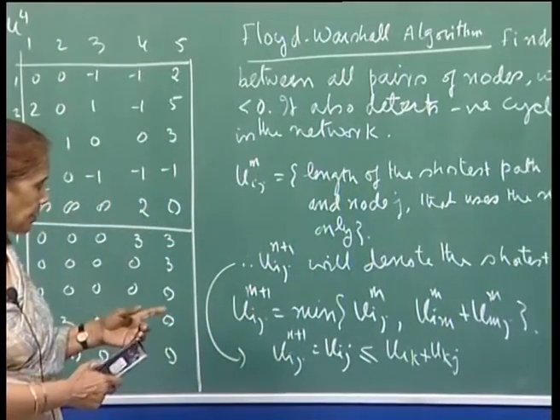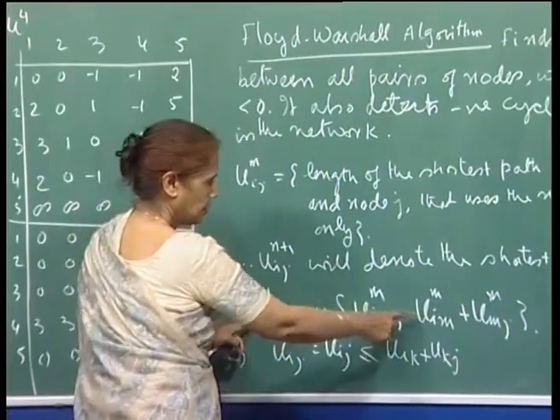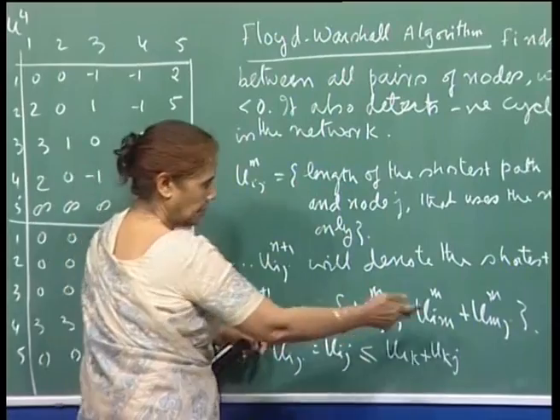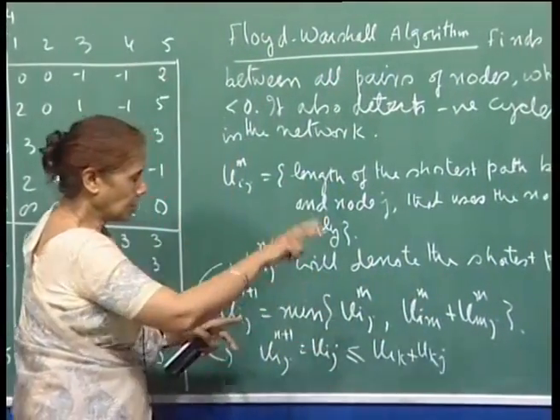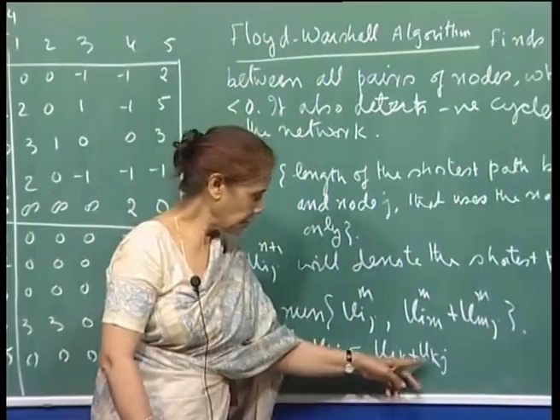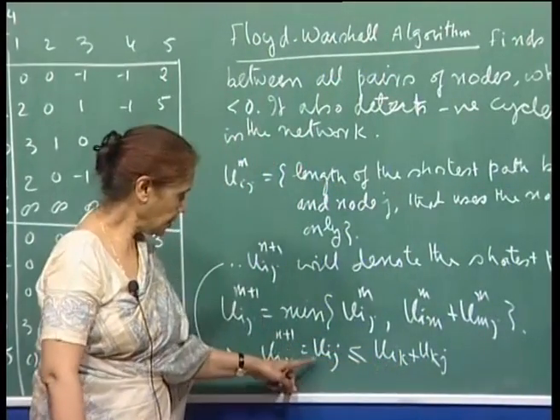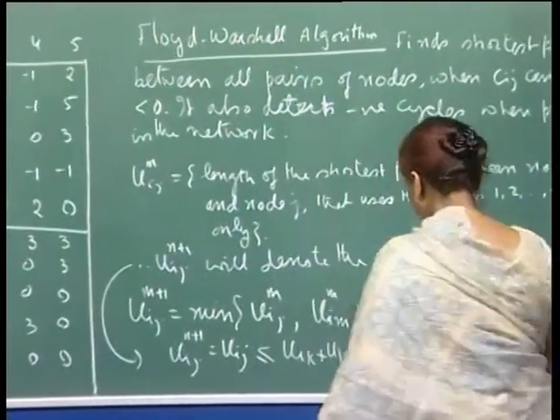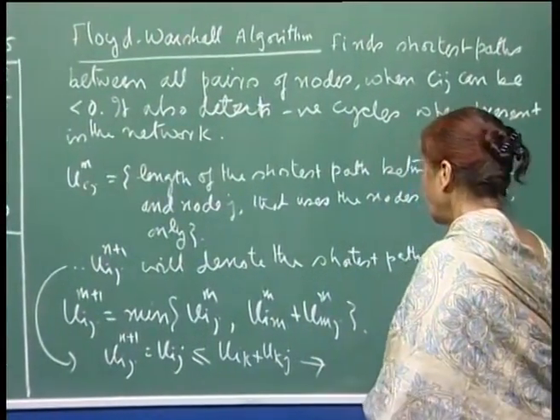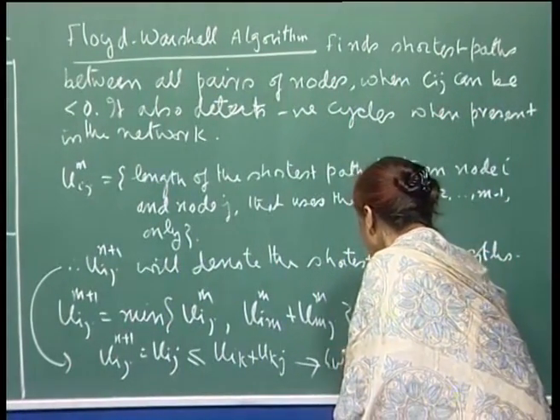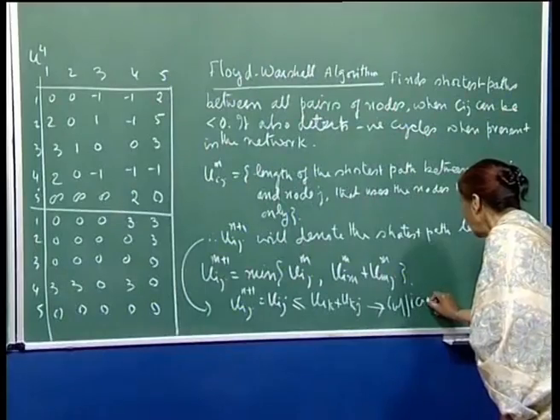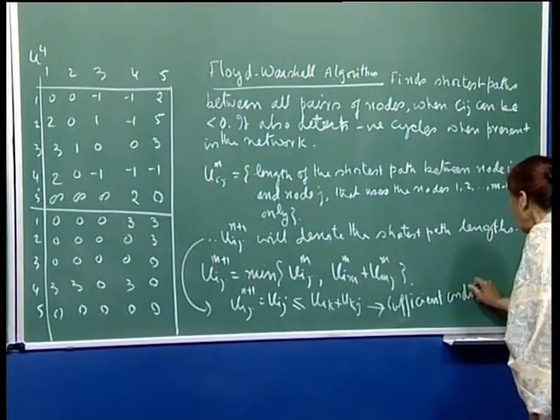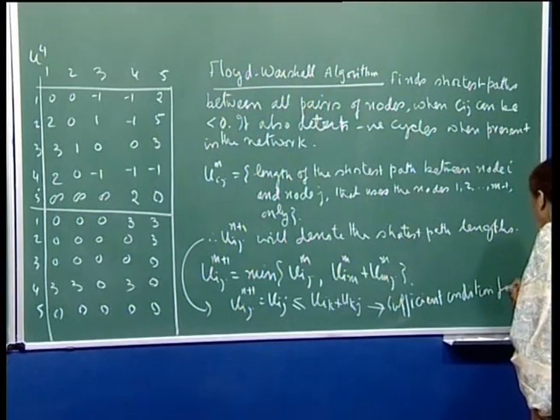That means, if you take the triplet ikj, because you are updating your shortest path lengths by this formula, once you have done it for all the nodes, then these things get fixed up, and so uij will be less than or equal to uik plus ukj. So, this is your sufficient condition for optimality.